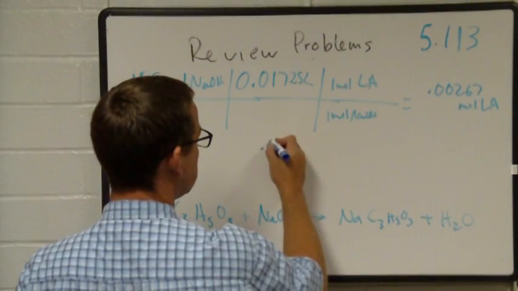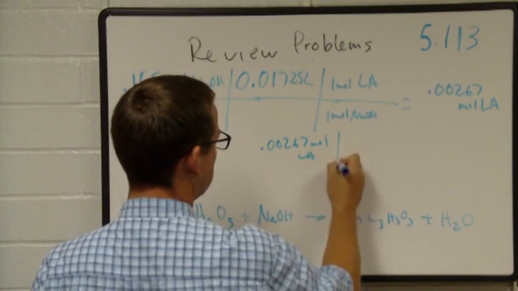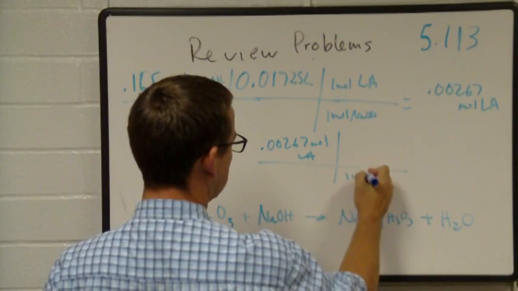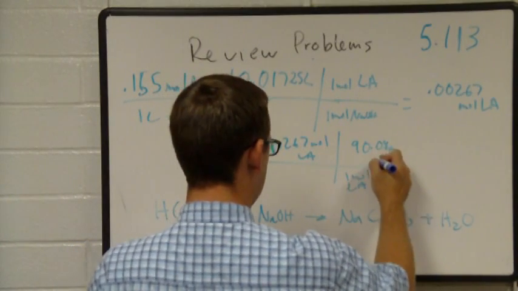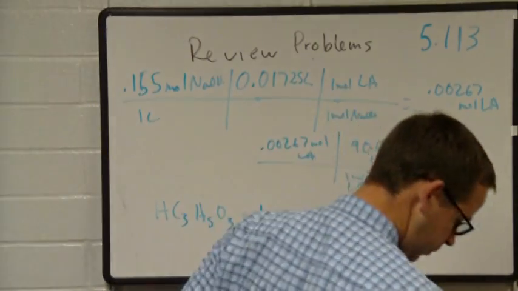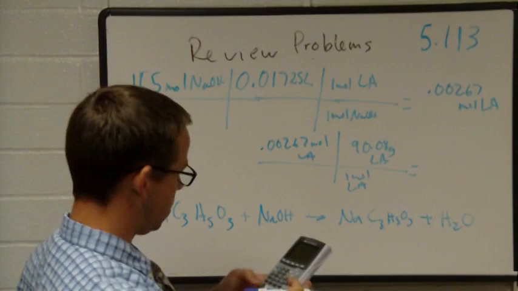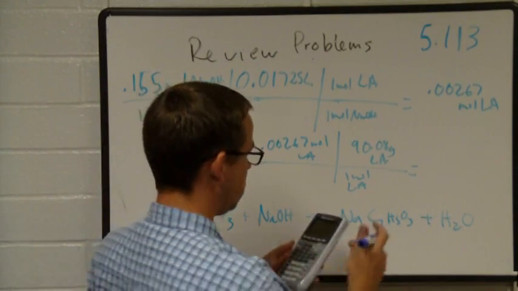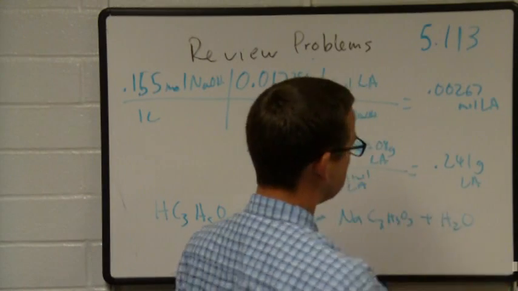So we had 0.00267 moles of lactic acid, and for every 1 mole of lactic acid, there's 90.08 grams of lactic acid. So that value that we had before, the moles times 90.08. So that's 0.241 grams of lactic acid.